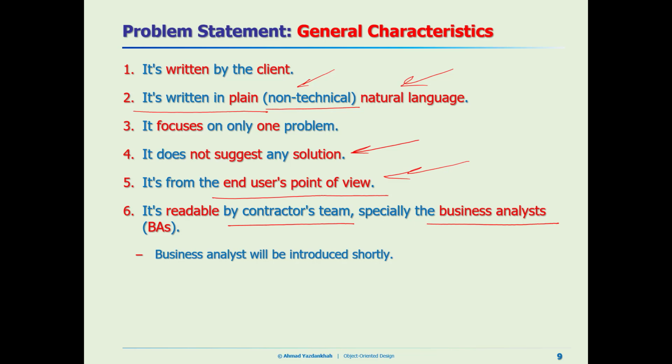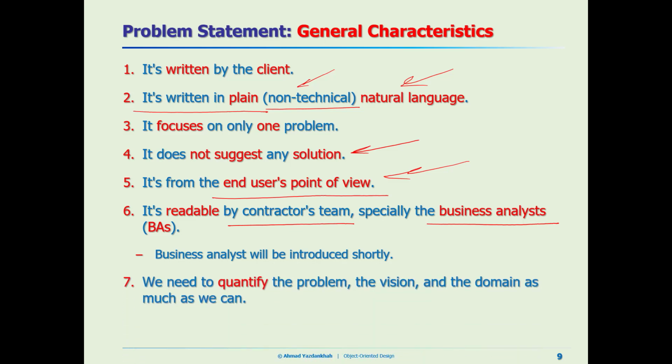All right, and we need to quantify as much as we can. This quantification is important when you want to explain something. Instead of saying "some people", that is not a scientific thing. It's not a desirable thing. You should mention a number, even if it's an approximation.